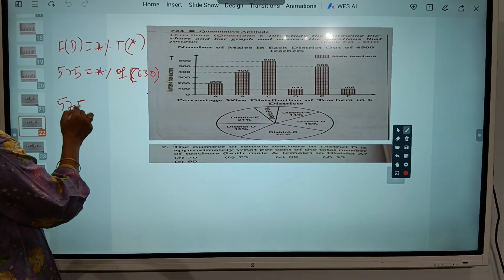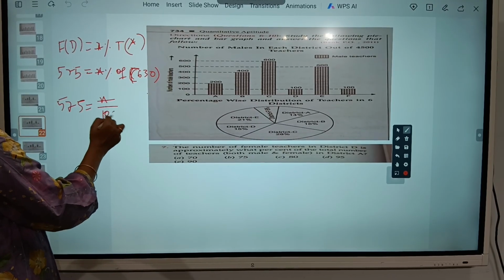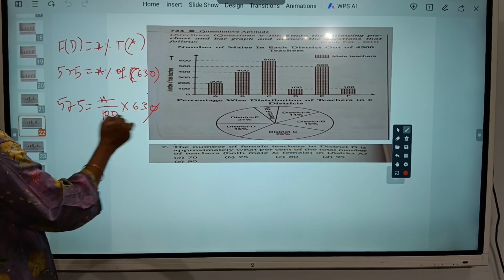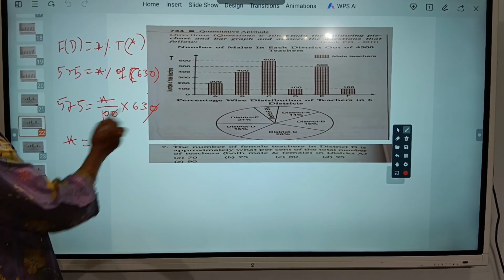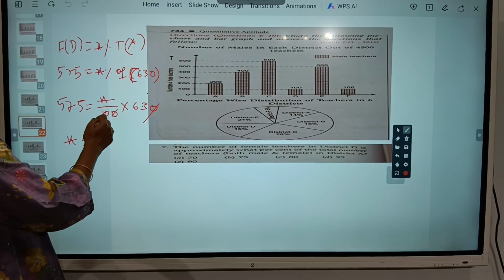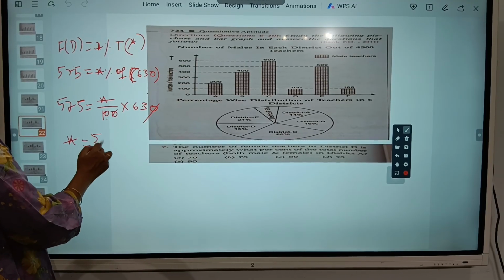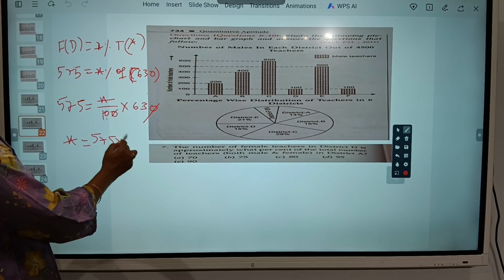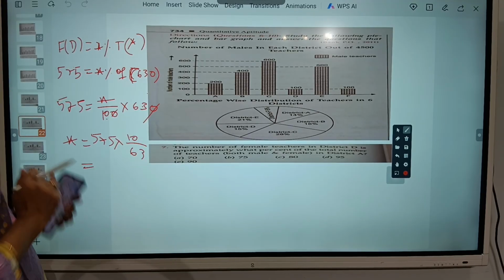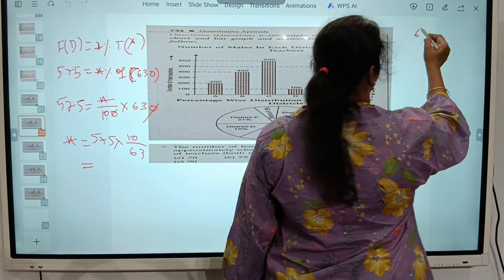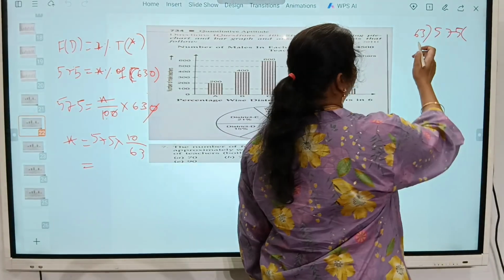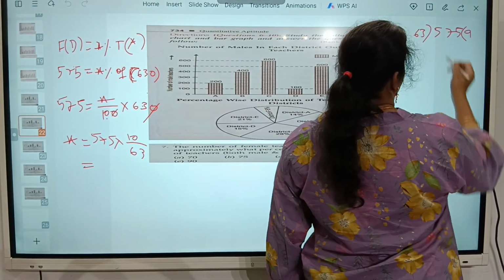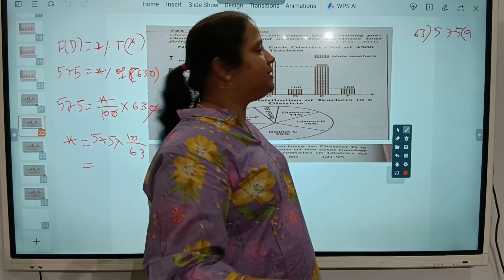So 575 equals X by 100 into 630. The zeros cancel, so X equals the right-hand side, 63 by 10. If the left-hand side goes across, it will become reversed, so 10 by 63. Now we will do the division: 575 divided by 63. 63 nines are 567, since 63 tens are 630.